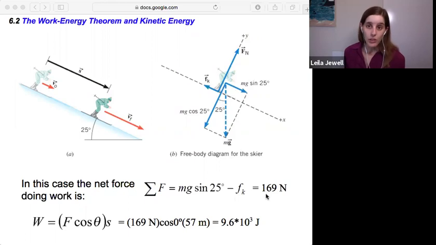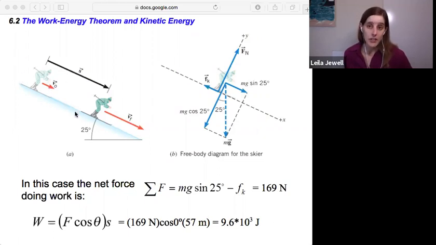If we want to find the work, we can use that net force and plug it into our force in the work equation times cosine of 0 degrees times the overall displacement, 57 meters. So you get a work of 9,600 joules.